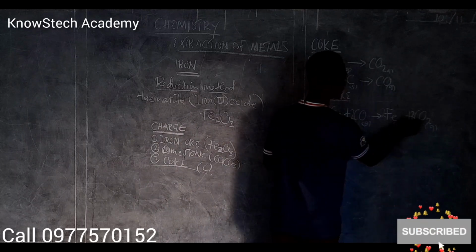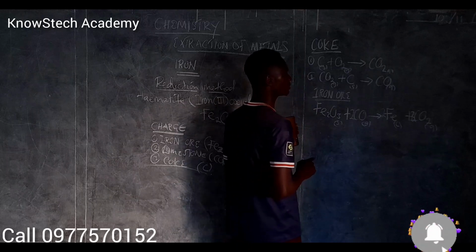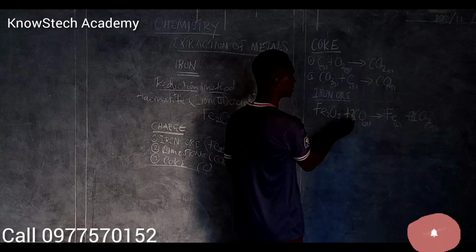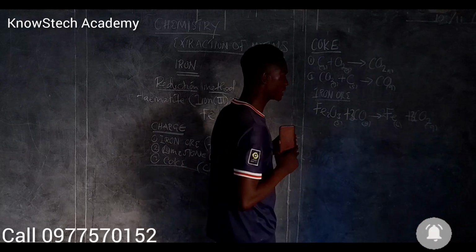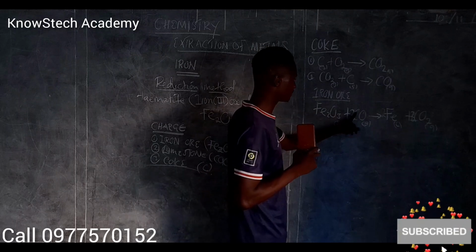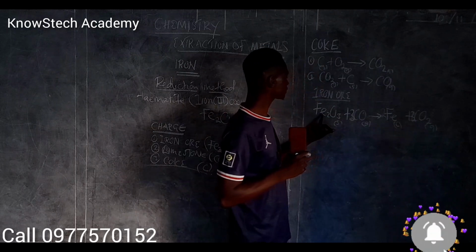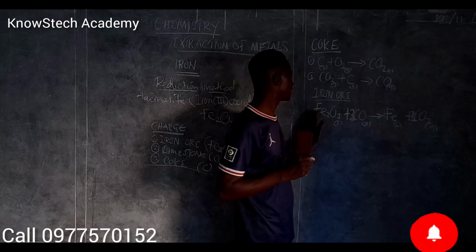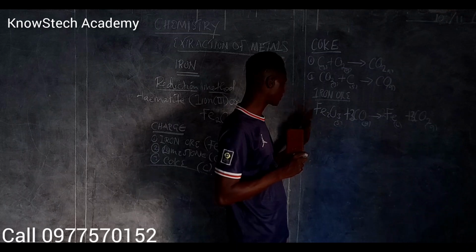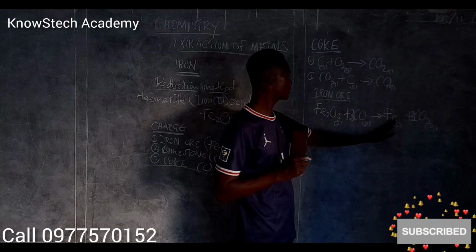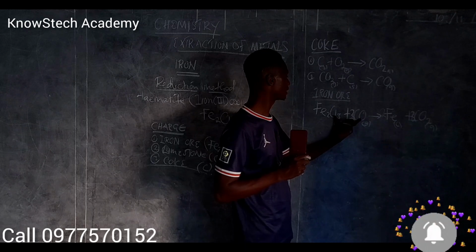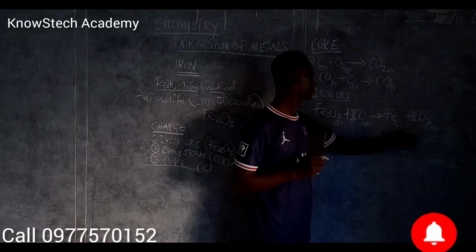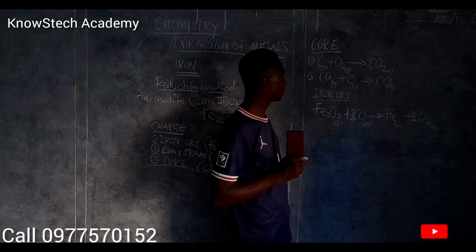So when you change this one to 3, our number of oxygen atoms will be 6, and here we put a 3 so that is 6. Oxygen atoms balanced. Then we go to carbon, 3 carbon here. Let's go through again: iron 2, oxygen, carbon. So this equation is balanced.